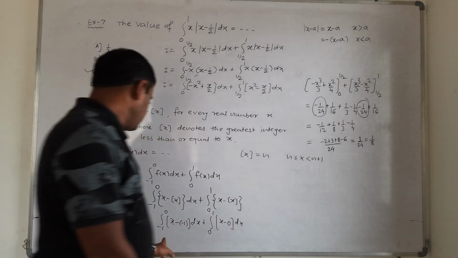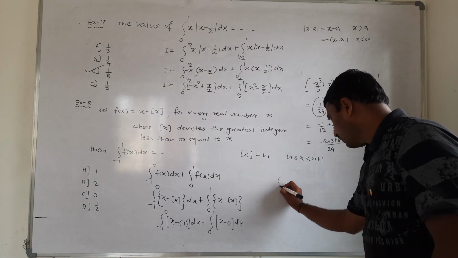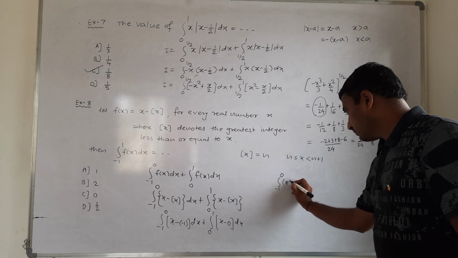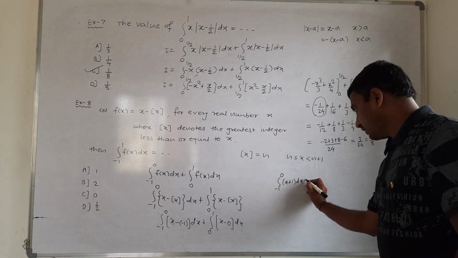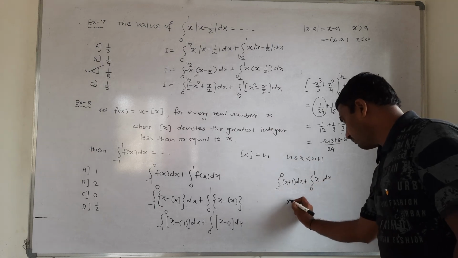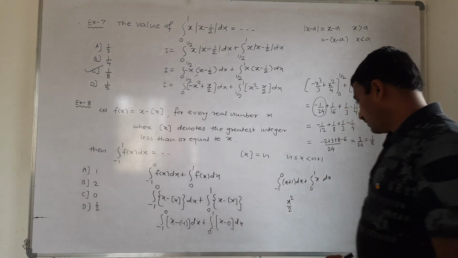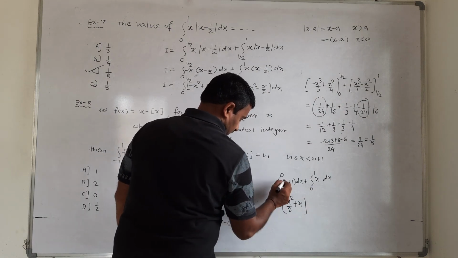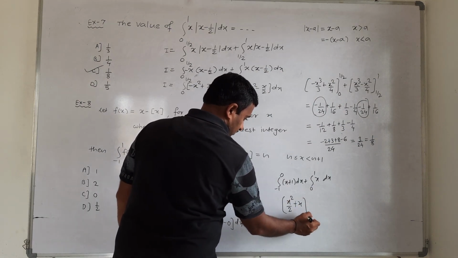Now simplification: minus 1 to 0, this is x plus 1, and the second one 0 to 1 is x only. Now simplification: x square by 2 plus x, limits minus 1 to 0.